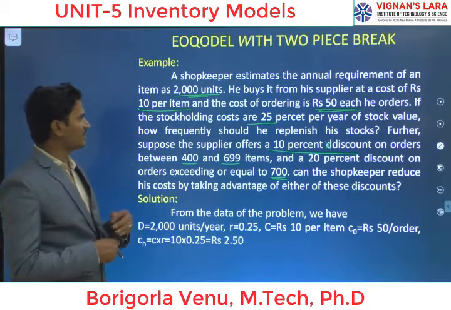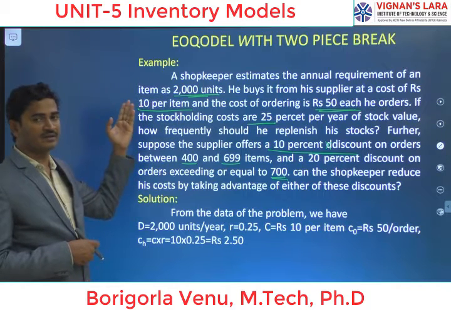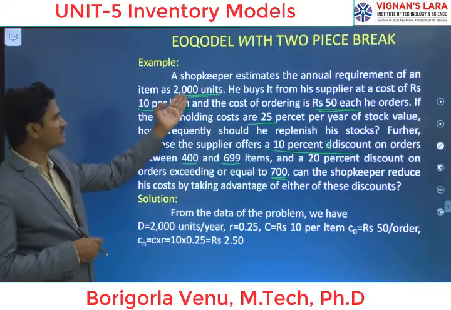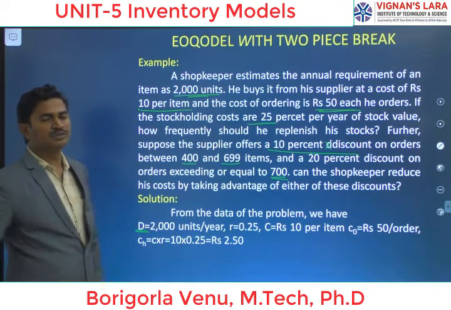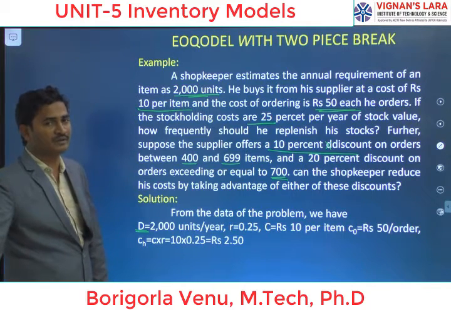As for the given data, the shopkeeper requires 2000 units, that is called D. D is equal to 2000 units per year. He is going to buy 2000 products per year.